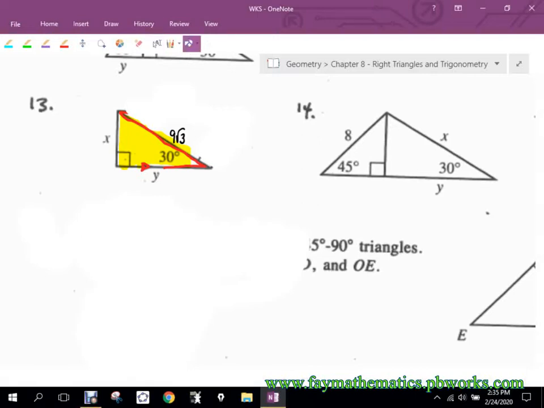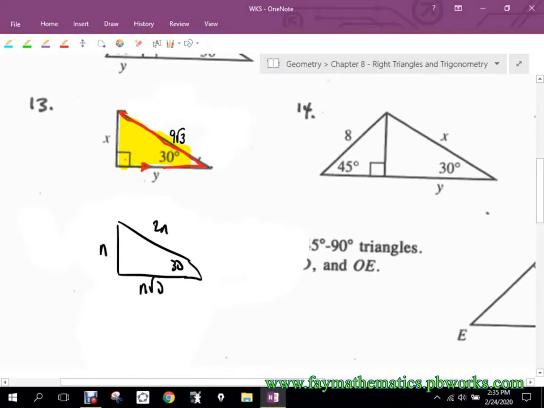So now if I look at that and I put my 30, 60, 90 template together, this would be n, this would be 2n, and this would be n radical 3. If I put these on top of each other, doesn't 2n match up to the n radical 3? So there's my equation: 2n equals 9 radical 3.